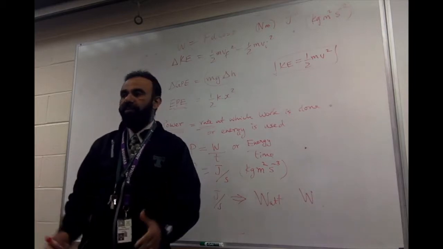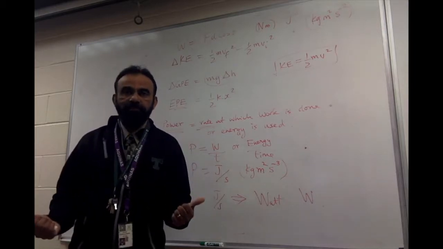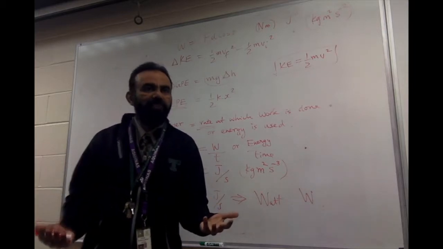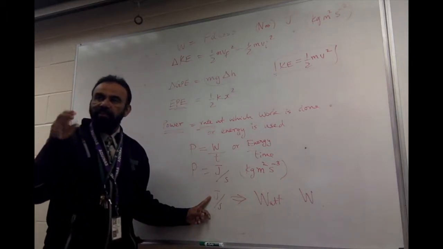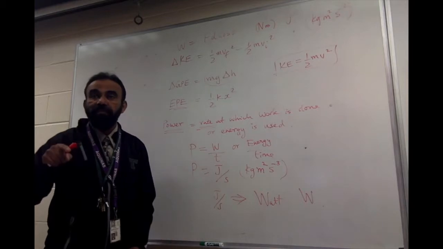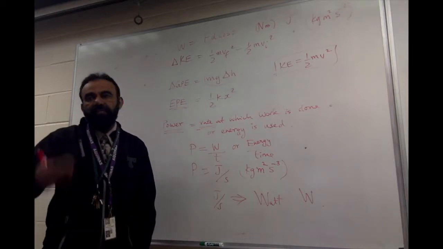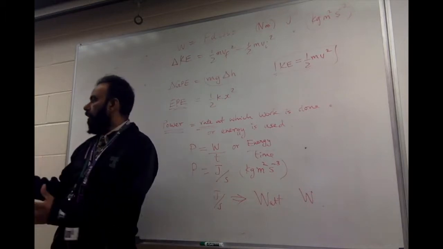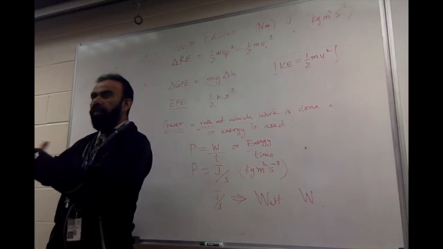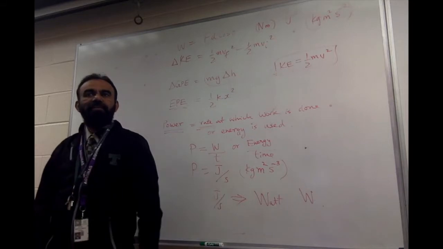If you have an amplifier, you say, oh, this is 300 watts. What are you telling over there by saying 300 watts? 300 joules of sound energy or any energy is produced per second. It's a rate. The rate at which energy is used, that's power. You have light bulbs, you have television, some of them are higher rated powers and some of the lower rated powers.